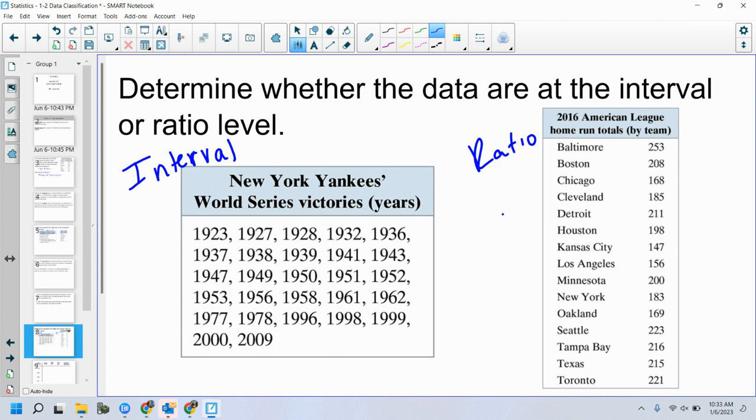Now, if I switch that, and this is where it can get a little tricky and a little dicey. If I turn the years into differences of years between wins, right? And I say 4, 1, 4, 4, 1, 1.